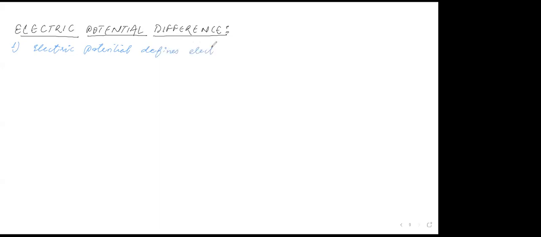Defines electrical properties of a charge in scalar form.